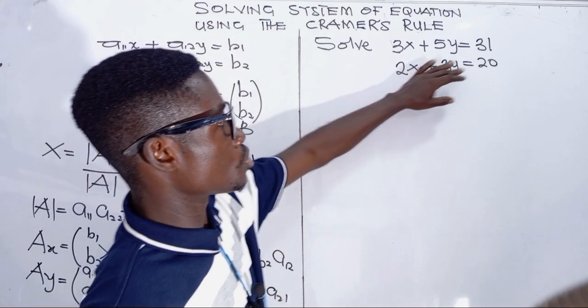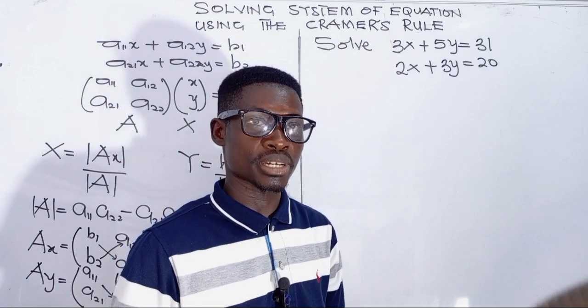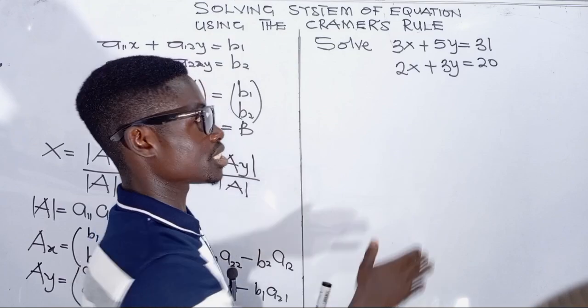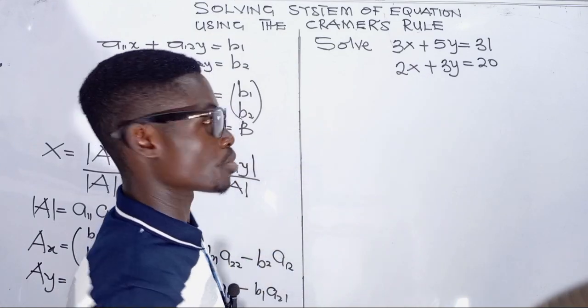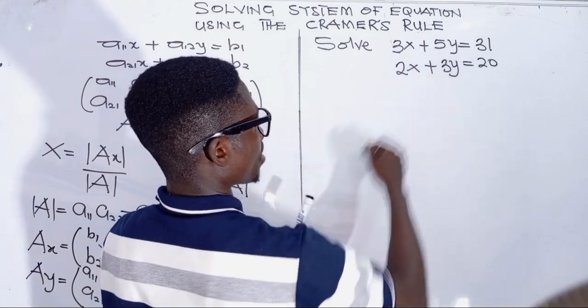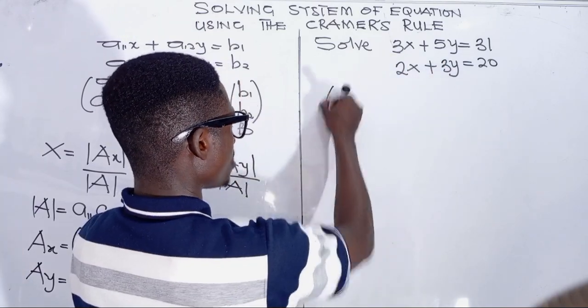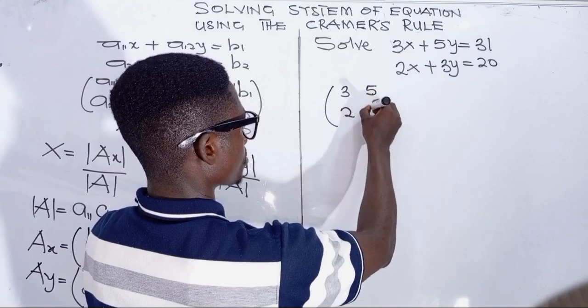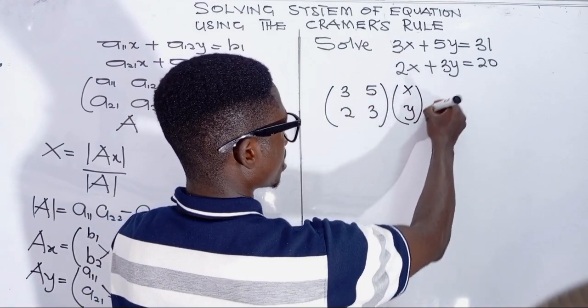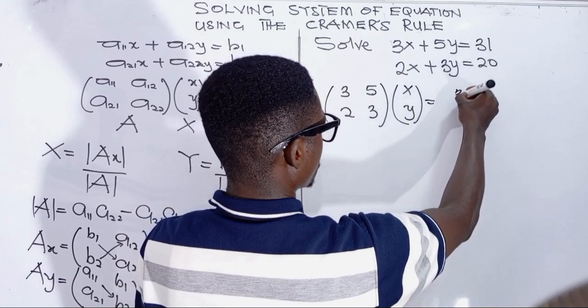Now that we know how to find all of these, let's look at the example on the board. We want to solve these two equations using Cramer's rule. First of all, we have to write down the matrix equation for these two equations. In doing that, we just write the coefficients of the variables x and y, multiplied by x and then y, and then equate to the constant matrix.